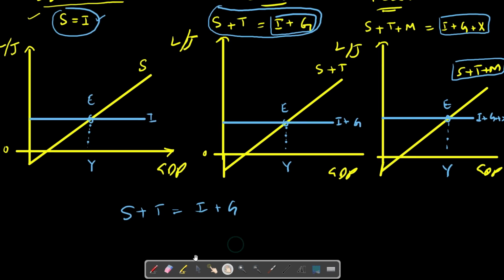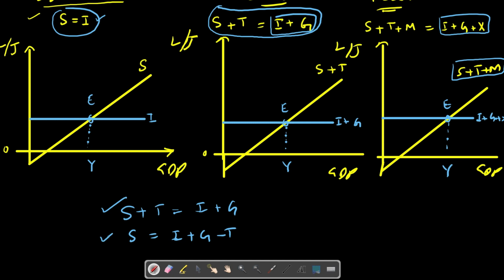And sometimes he writes that saving is equal to investment plus government expenditure minus taxes. The first is the basic equilibrium condition, and this is an alternative way to represent equilibrium.